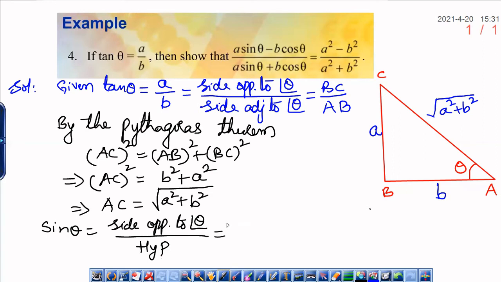That is equal to BC upon AC. So substitute what you got. BC is A and AC, just we have got through Pythagoras theorem, that is under root of A square plus B square.